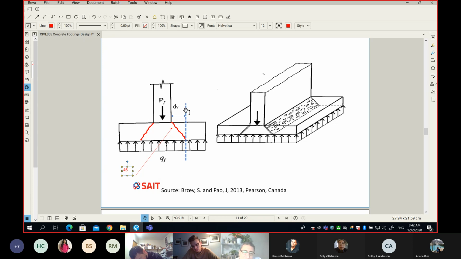So the critical section in shear is not really at the face of the support, but at distance dv, because as the load goes down from the wall, it spreads out at an angle of 45 degrees, and this area is very strong. We need to make sure that the force here is simply less than Vc. So the bottom line for this slide is that the critical section for shear is not at the face of the wall, but rather at distance dv from the face of the wall.